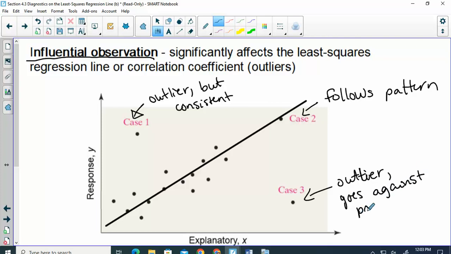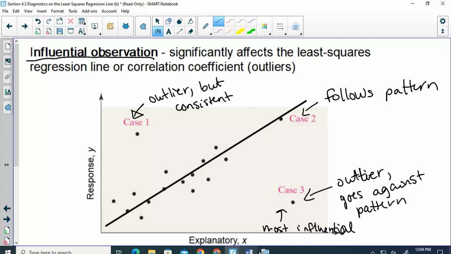So in this case, this one would be the most influential. Case 2, that one wouldn't be influential at all. The first one, somewhat, but not a drastic change.